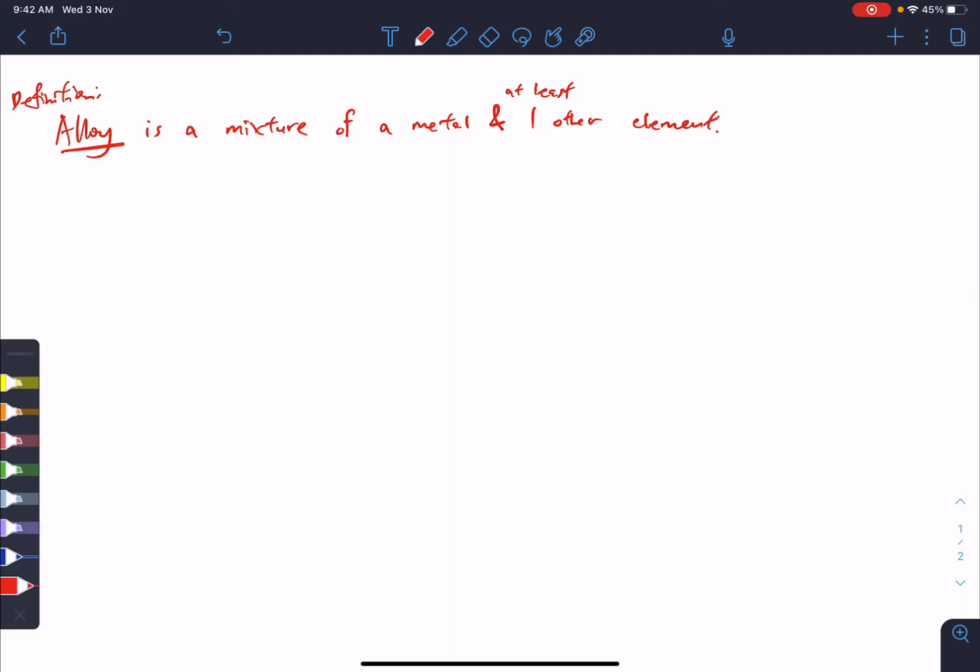Which means you need to be able to draw the diagram. This would be a pure metal. It looks like logs, like tree logs, timber in one row.